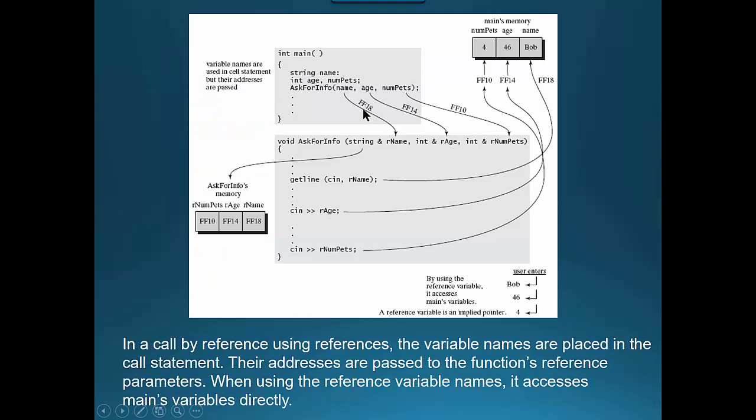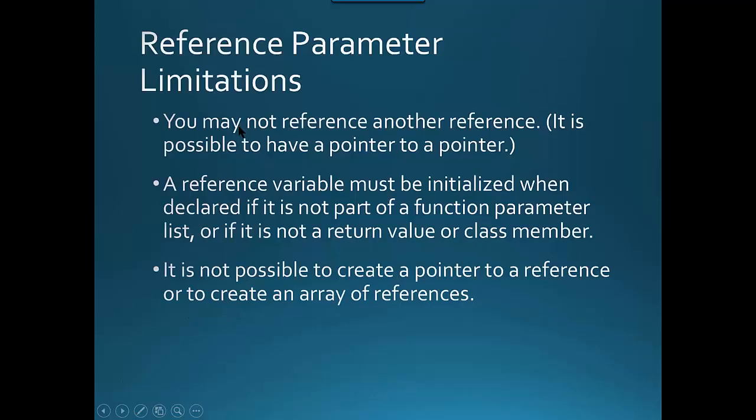And so when we getline into our name and our age, or cin into a reference, it's not going to go into the parameter. It's going to go into whatever was passed into the parameter. And so these will actually cin and getline into these variables that are declared in main.